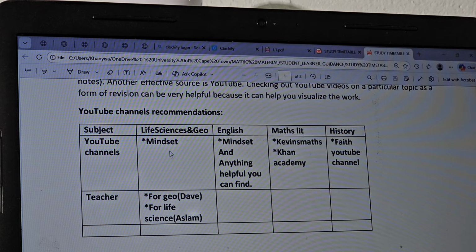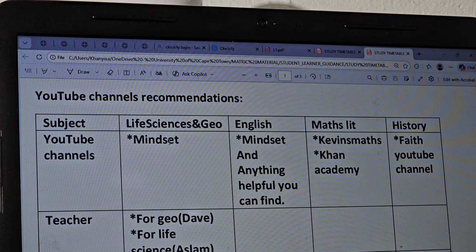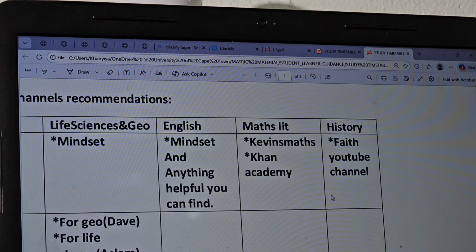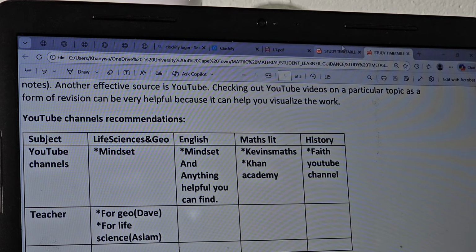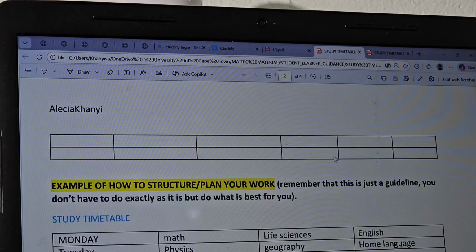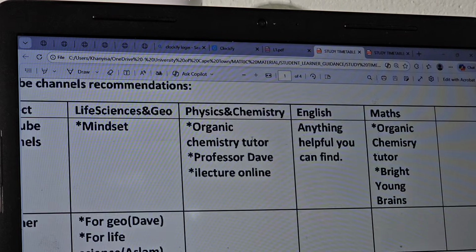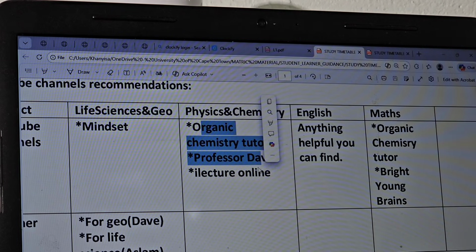These ones also have basic YouTube channels that I recommend for specific subjects. For my life sciences people and geography, the YouTube channel I recommend is Mindset, and for geography, Professor Dave, if I remember well, and for life sciences, Aslam. I hope those videos are still there. Those guys carried me through, not gonna lie. And then for physics, people like the Organic Chemistry Tutor and Professor Dave.